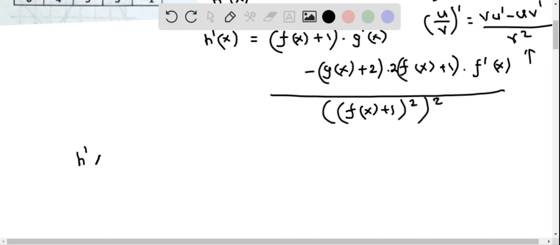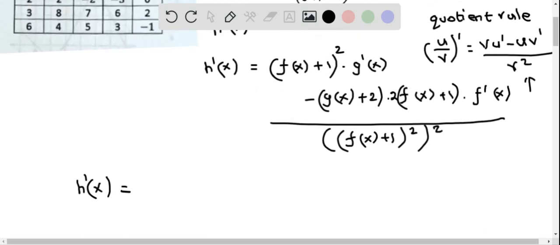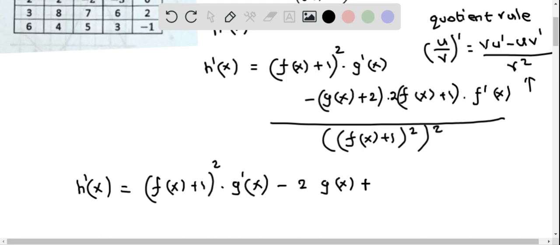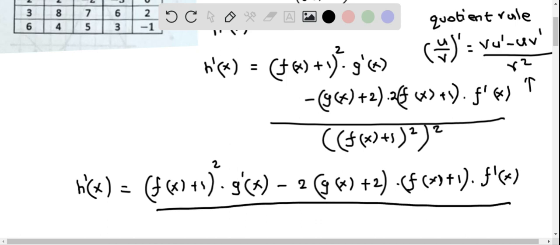I'm going to clear this and rewrite h prime of x, and this equals, we have f of x plus 1 quantity squared times g prime of x minus 2 times, I put this 2 in front, g of x plus 2 times f of x plus 1 times f prime of x, and this is all over f of x plus 1.